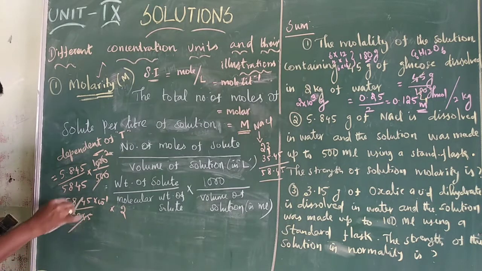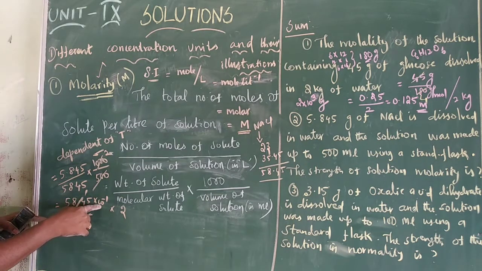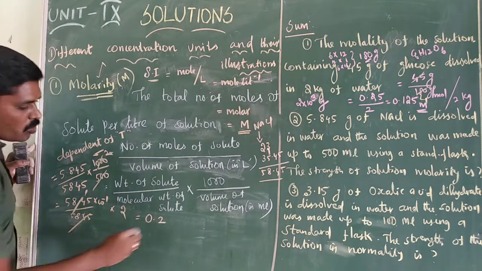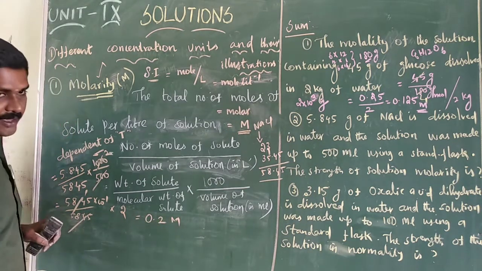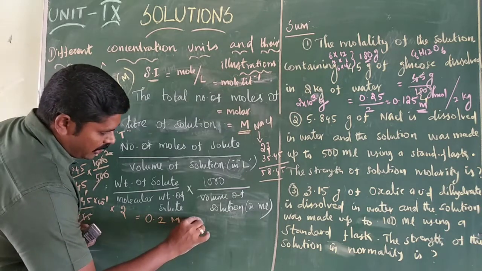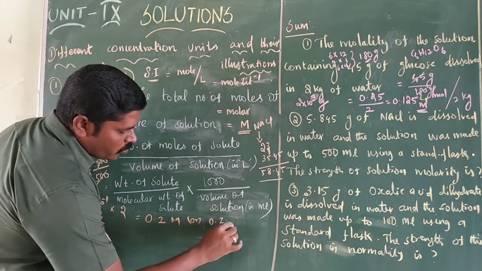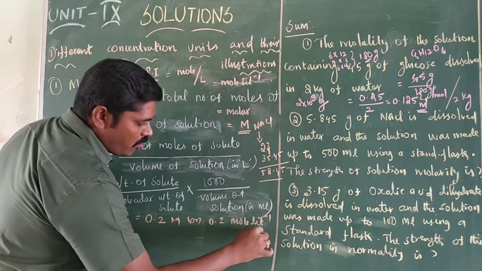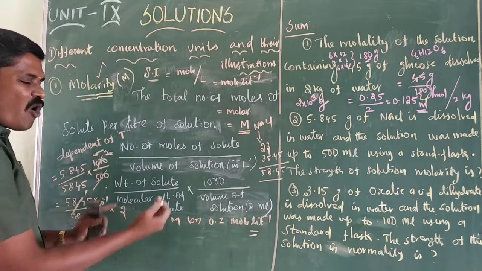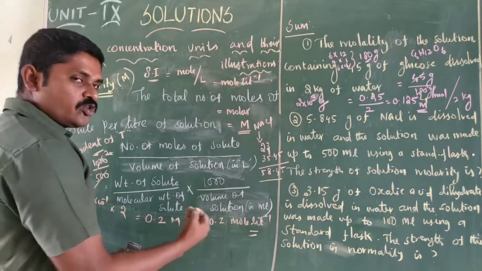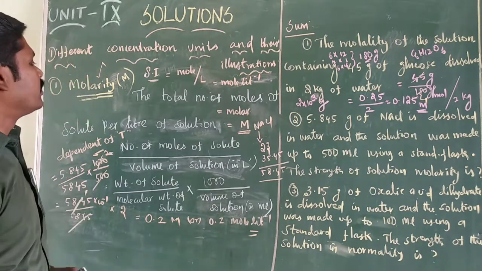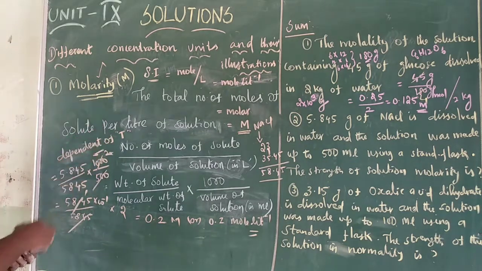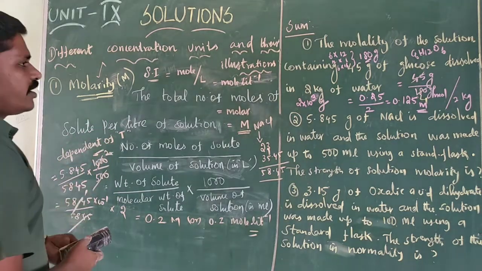So 58.45 cancels. 10 power minus 1 into 2, that is equal to 0.2 molarity, or 0.2 mole liter inverse. Mole liter inverse is a molar solution, 0.2 molar solution. So molarity is dependent on temperature.